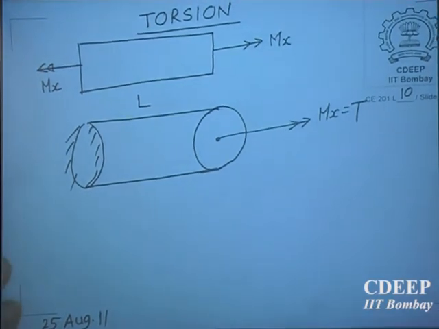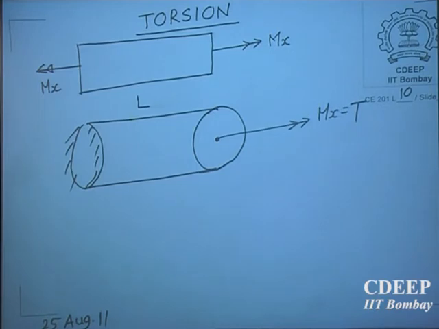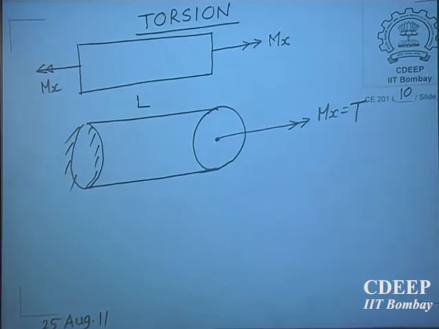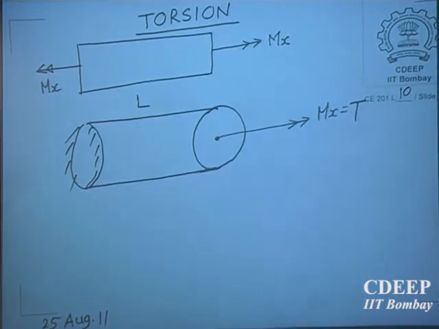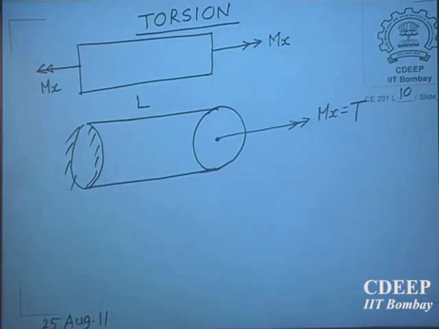In reality, most of the shafts which transmit power are all circular. If you take a non-circular cross section, then the theory becomes a little complicated, and that is the subject matter of your next course, not this. You have to study a little more.